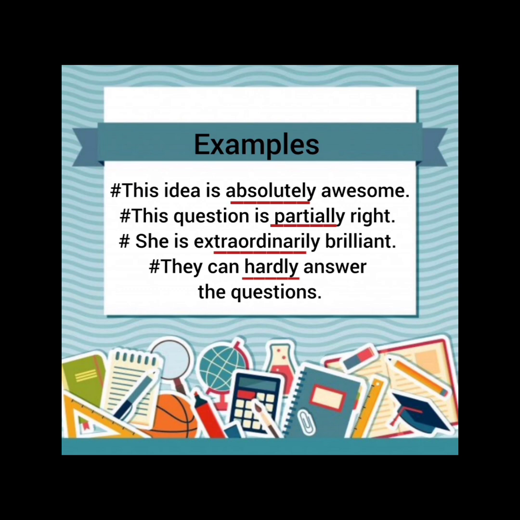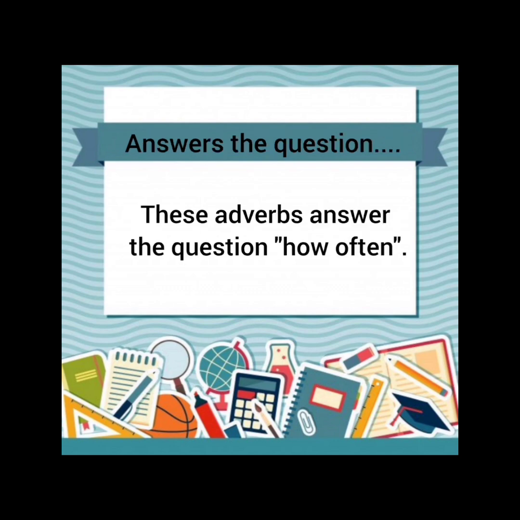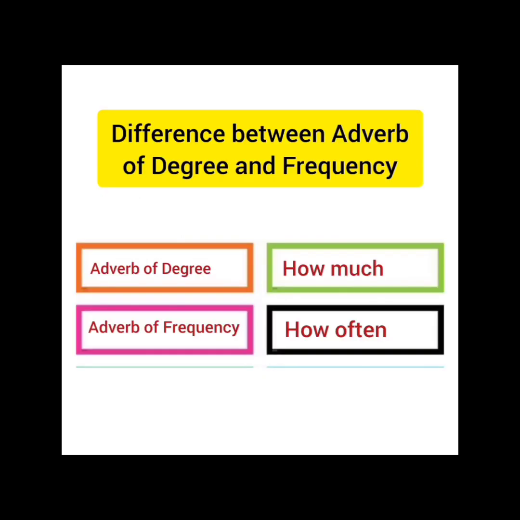Then next we have adverbs of frequency. These adverbs show frequency or repetition of an action. These adverbs answer the question how often. Most of the time students are confused between adverbs of degree and adverbs of frequency, but the main difference between the two is this, that adverbs of degree answer the question how much and adverbs of frequency answer the question how often.